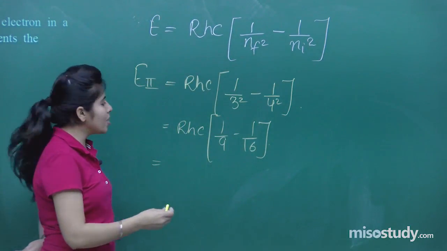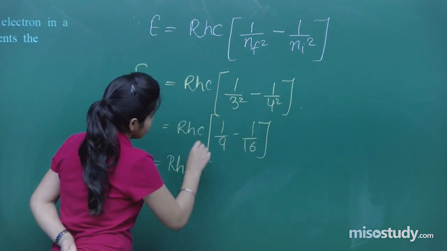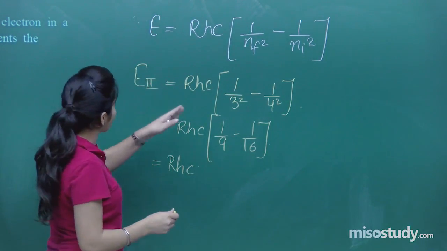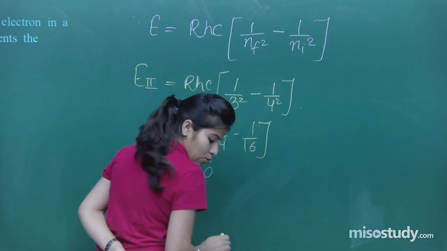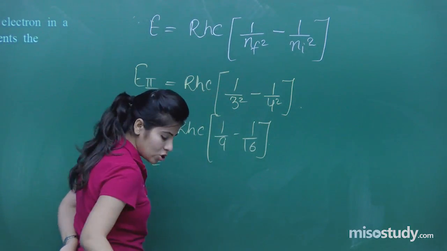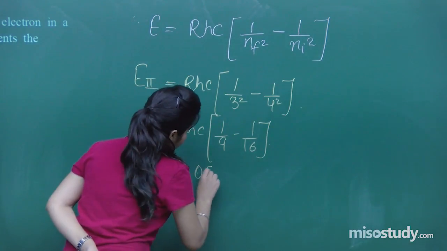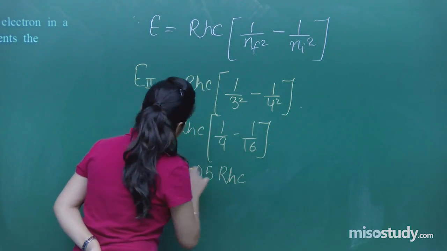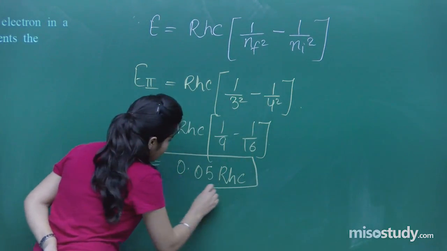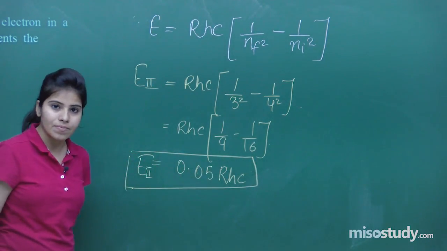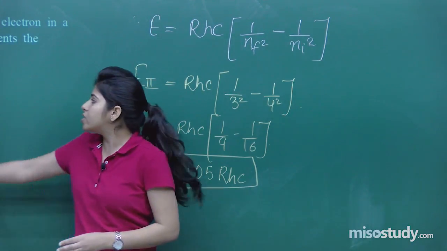So whatever your value is, if it is coming from 4 to 3, your value comes out to be 0.05 RHC. If you solve this, you will see that E2 comes out to be 0.05 RHC.